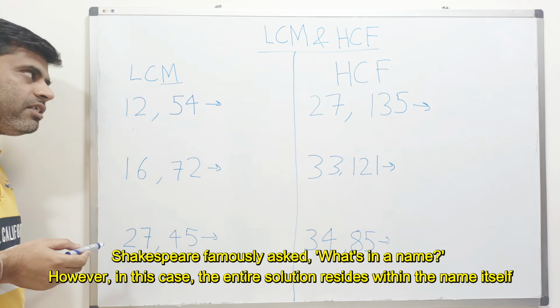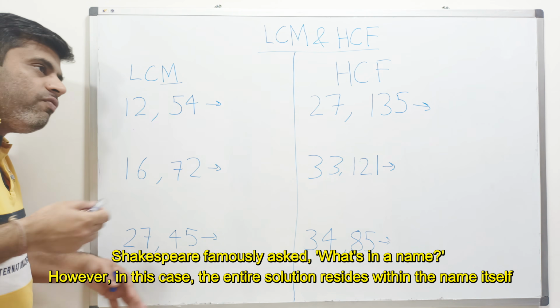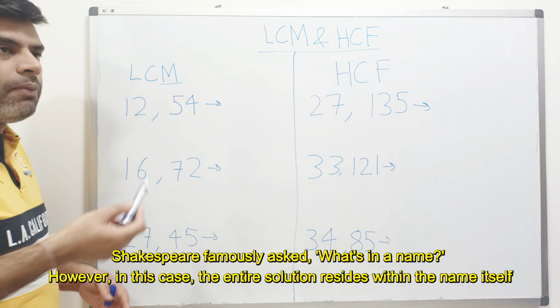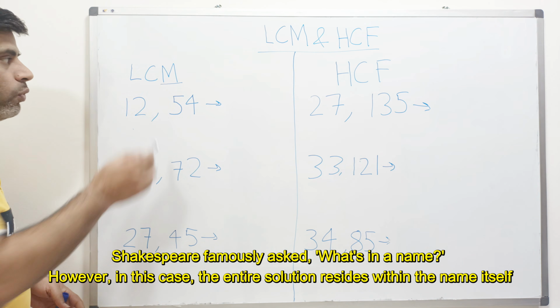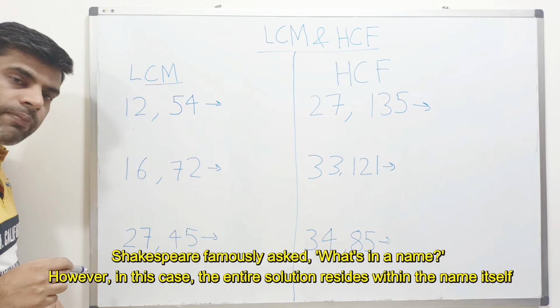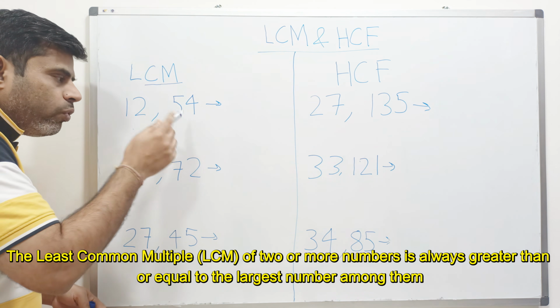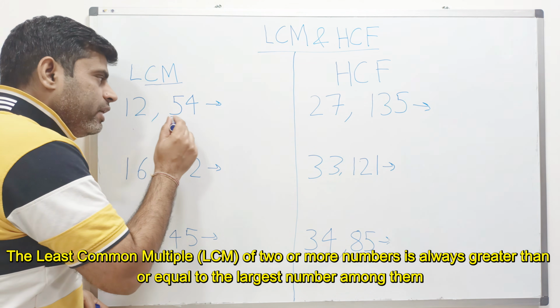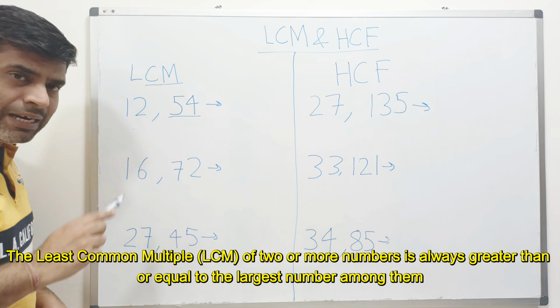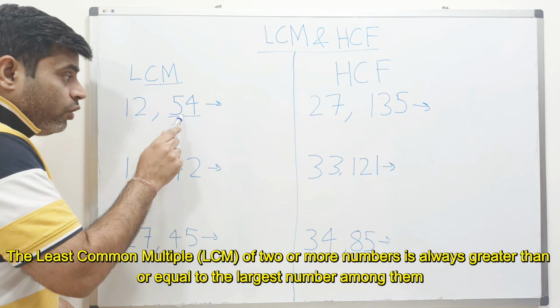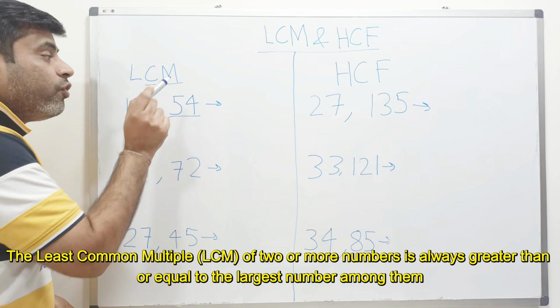So the answer would be definitely one of the multiples of 12 and one of the multiples of 54. Now then common, I need to find the common also. So 12 may have many multiples, but for 54, the smallest multiple would be 54 itself. That means there cannot be any multiple smaller than 54 for 54.